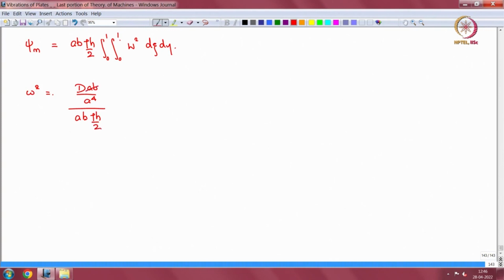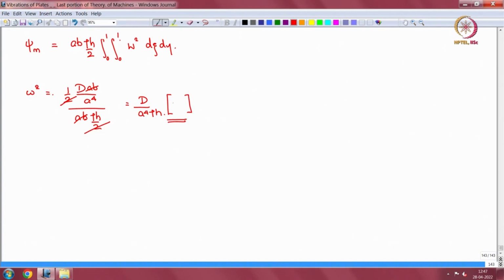If I cancel a b, and sorry, there is a half here also, so if I take out this 2 and that 2, I get d by a fourth rho h, and the ratio of the remaining terms.